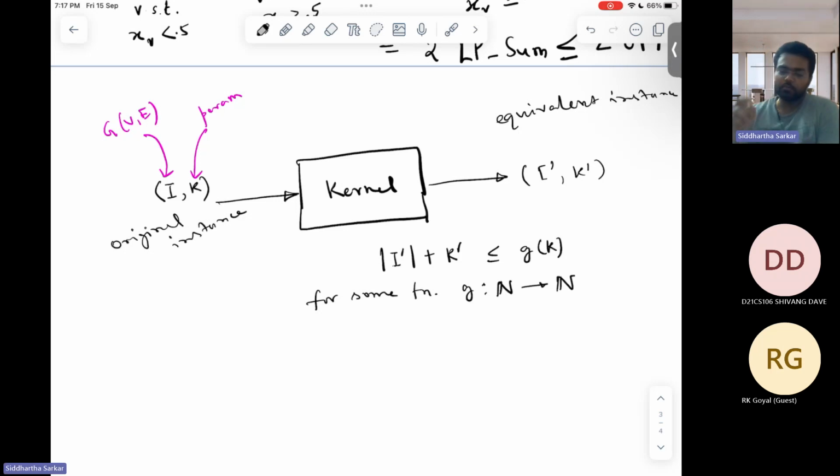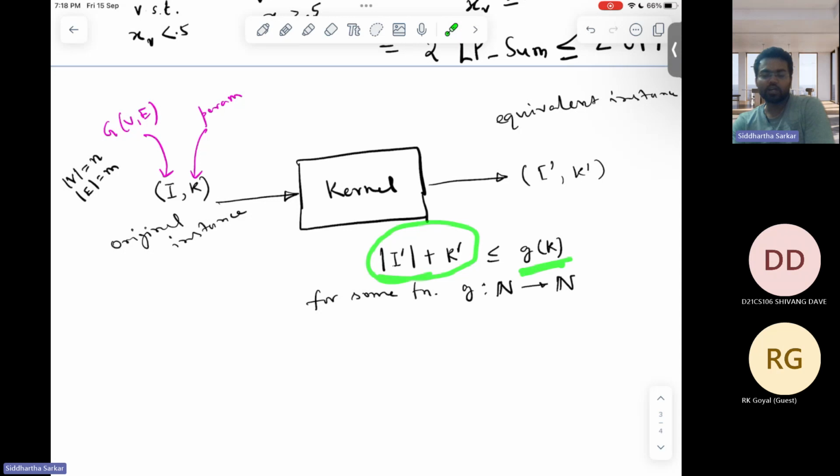Remember what the input size was. The vertex set had size n, the edge set has size m. But now, after the reduction, kernelization is nothing but a reduction into an equivalent instance, where interestingly the size is bounded by some function of k and has no dependence on n and m.